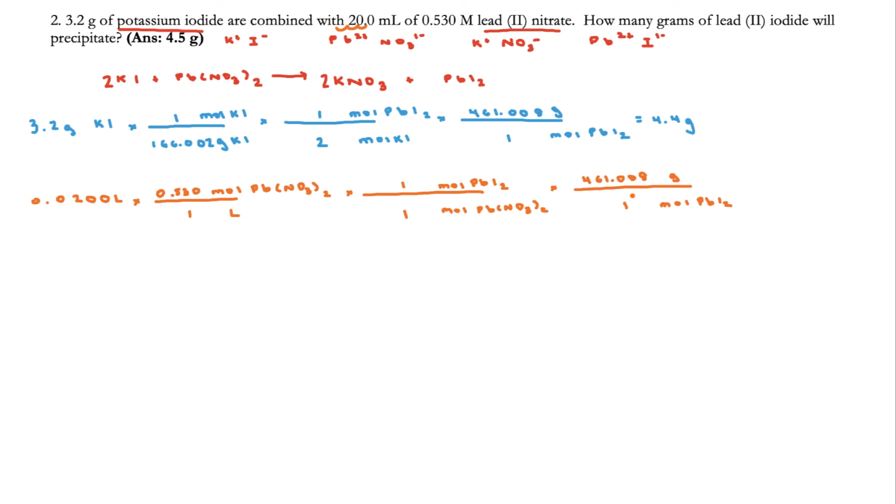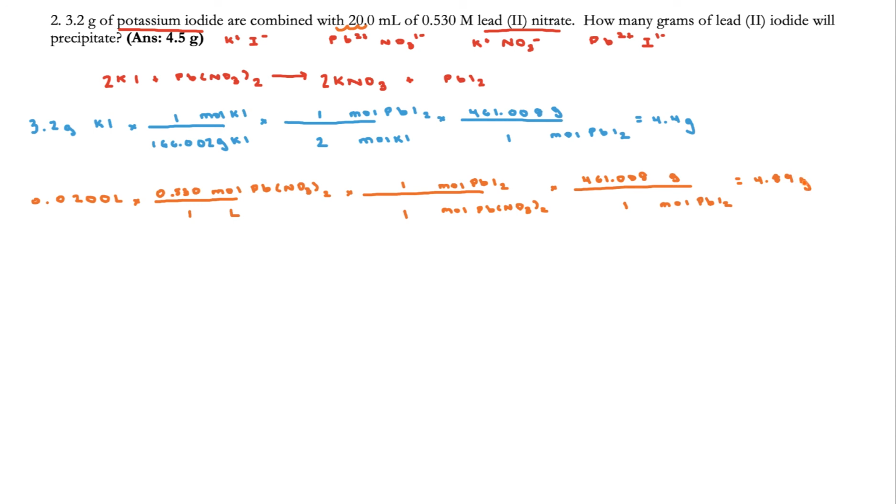All right, so I'm going to take 0.02 times the concentration, 0.530, and then multiply by the molar mass, 461.008, and I get 4.8866. Notice here 20.0 has 3 sig figs, 0.530 has 3 sig figs, so my final answer should have 3 sig figs, so that will be 4.89 grams.